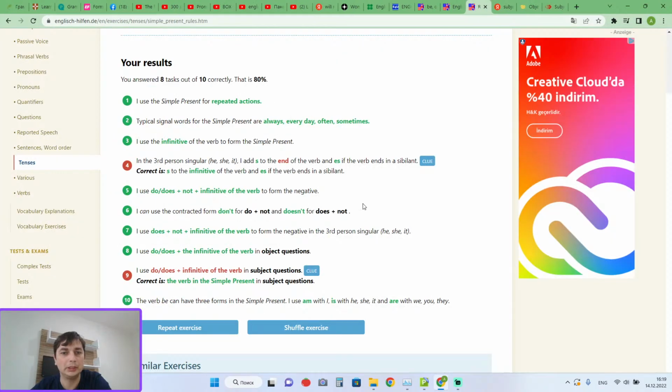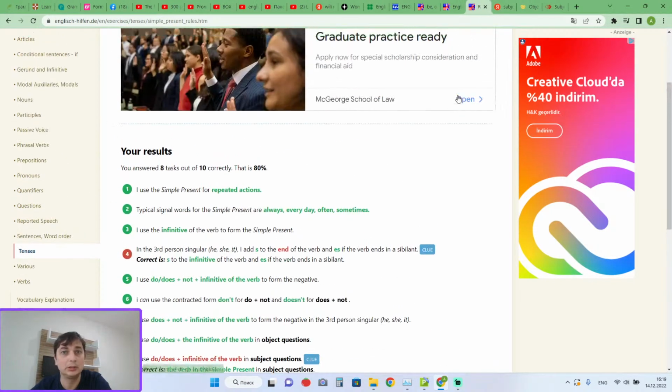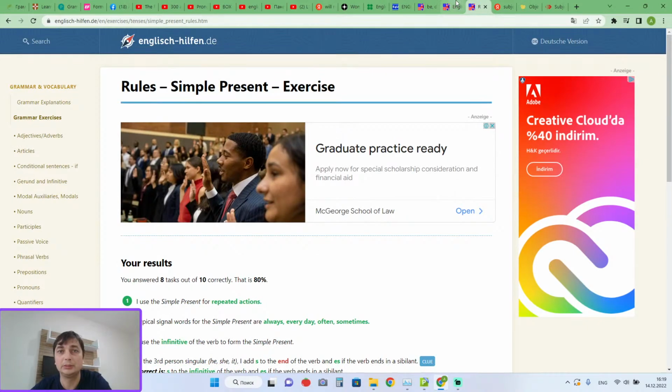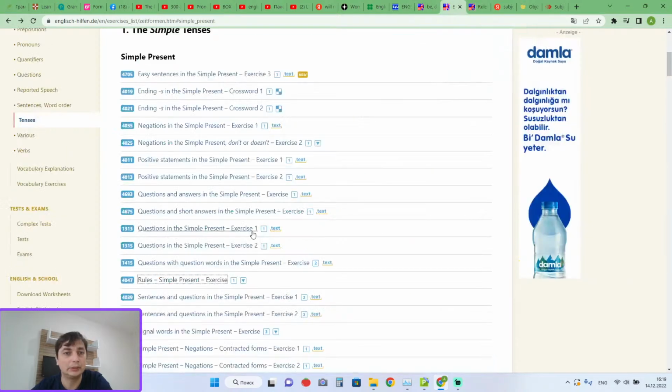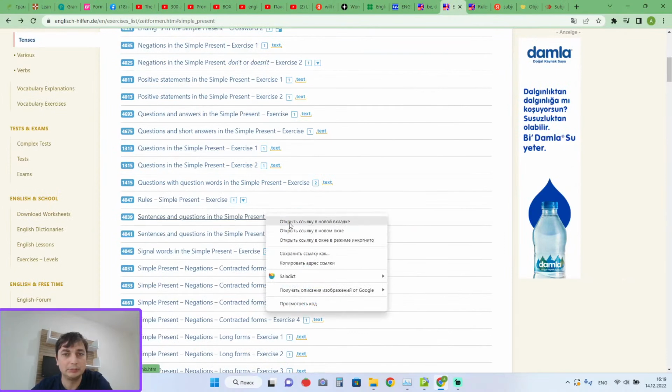Our first topic is present simple exercise. I've got some information about it, but I need a more detailed explanation and more practice in this. And now we continue. Present simple exercise 1.